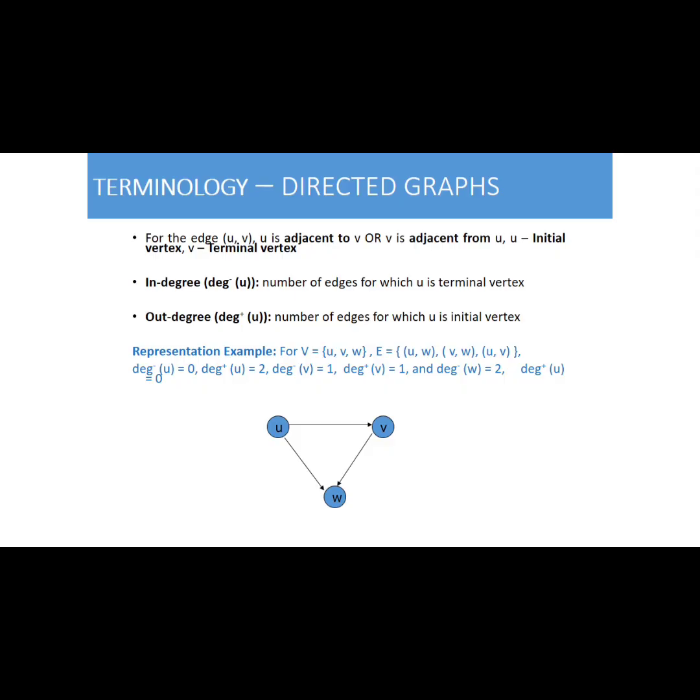Here U is not a terminal vertex for any edge. Degree plus of U is equal to 2, because 2 edges start from U, to V and U to W. In this sense, degree minus of V is equal to 1 and degree plus of V is equal to 1, because that particular point has an edge from U to V and V to W. So plus is equal to 1 and minus is also equal to 1. Degree plus of W is equal to 0.